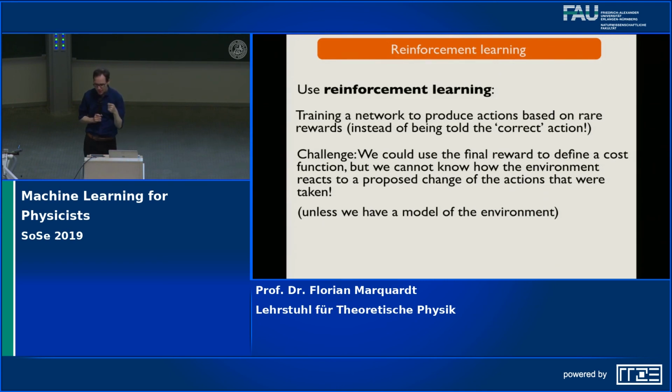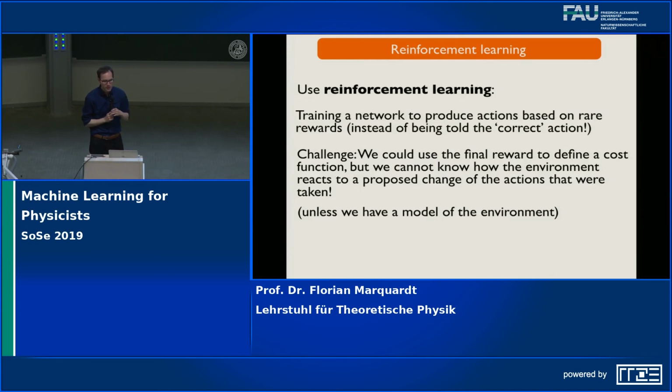But this gradient, if you do it naively, would also mean taking the gradient of what the environment does, because in reaction to every action you do, the environment does something. And now if you ask me, how could I have achieved a better reward? I might have to answer the question, well, if I had taken the other action, then the environment would have reacted differently, and that would have resulted in a different reward down the line. So in this case, you would need to predict the different response of the environment if I had taken a different action. But in many cases, we don't know.